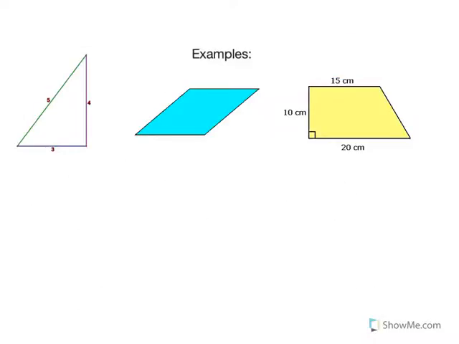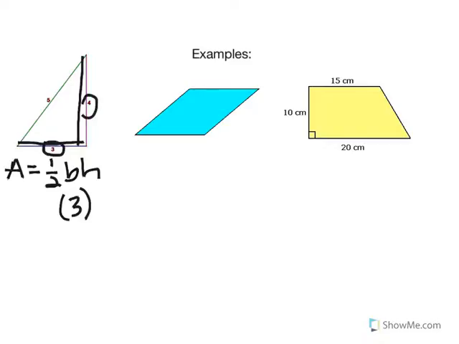Here are some examples. So we're going to do a triangle, a parallelogram, and a composite figure. So let's start with the triangle. We know the area of a triangle is 1/2 base times height. We see the base, which is right here, is 3. And we see that the height, which is right here, is 4.